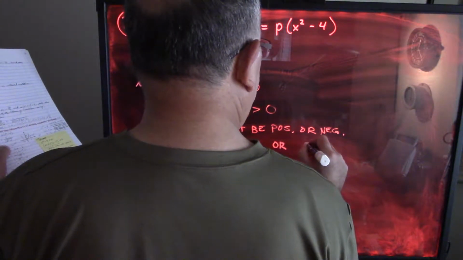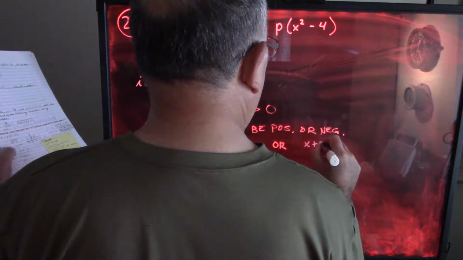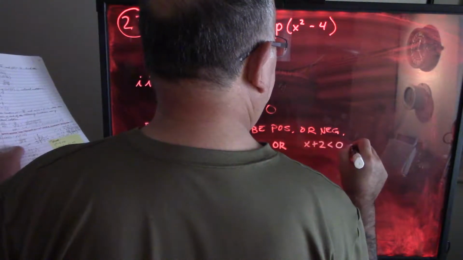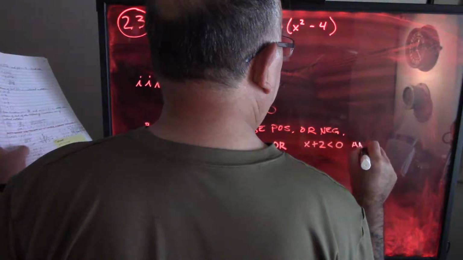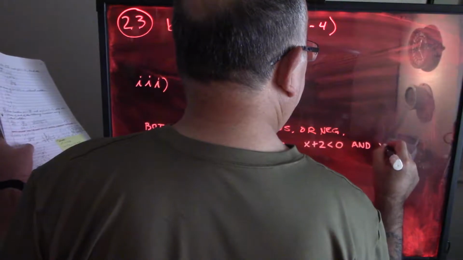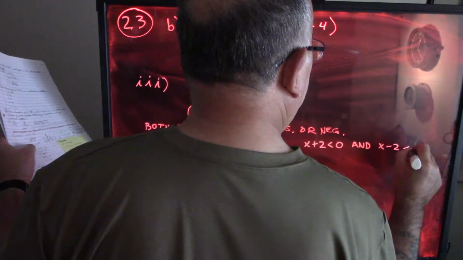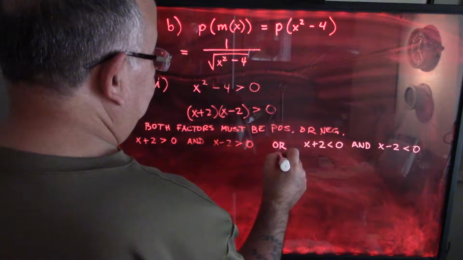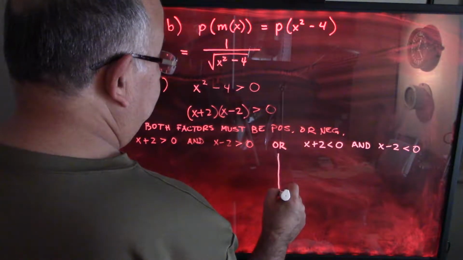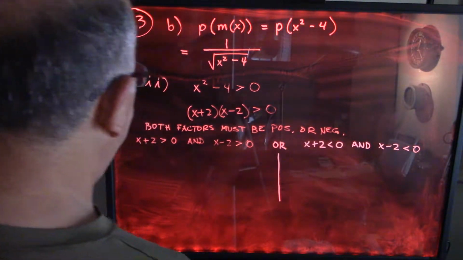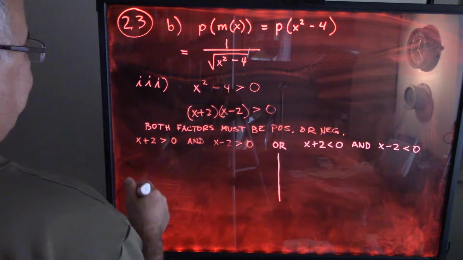Both must be, let's get x plus 2 is negative, less than 0, and x minus 2 is less than 0. Let me draw a little dividing line here in the main part of this complicated clause. Now we solve both of these.